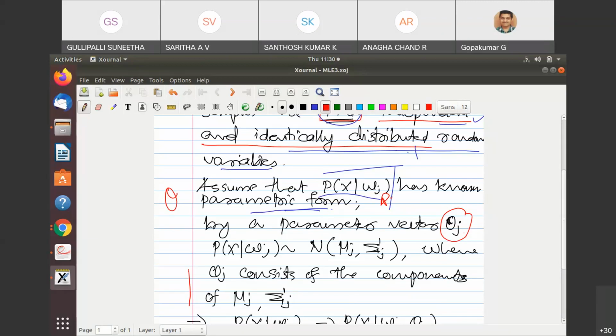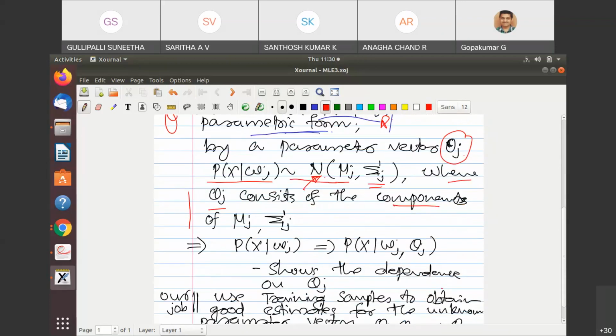So we are assuming that probability of x given wj is approximated by a normal density with mu j and sigma j, where we have a corresponding parameter vector for this normal distribution. We know that for a normal distribution it consists of mu j and sigma j, because they are the two parameters that completely define a Gaussian distribution.